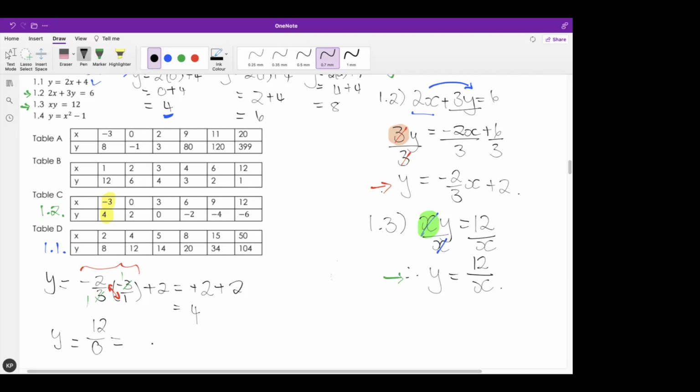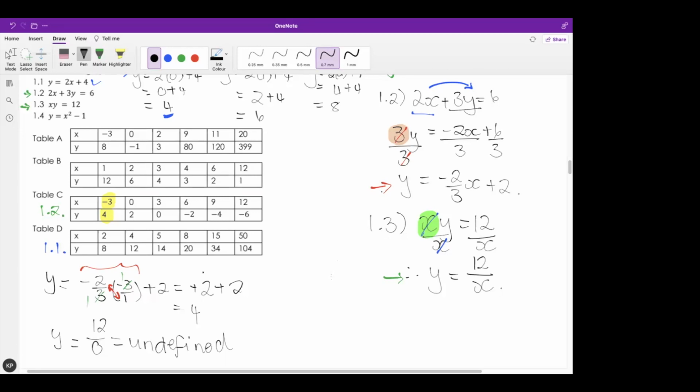What do we write when we find something that is divided by 0? No, it's not 0. Nice. Undefined. This is not even possible. So is it even possible for table A to go with number 1.3?